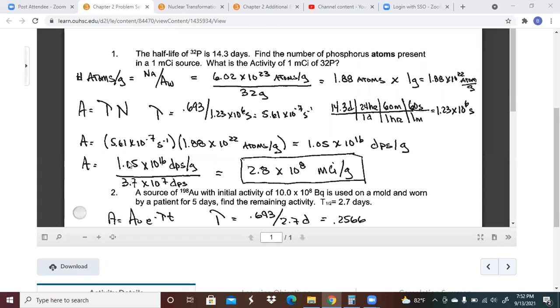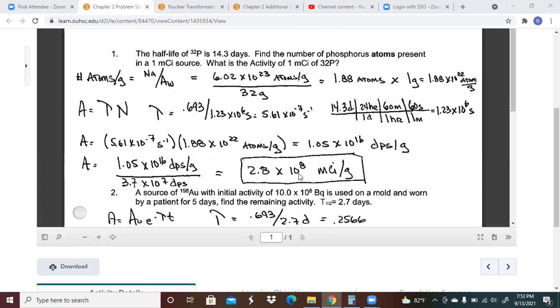So if we have the number of decays per second per gram, which is more of a becquerel unit, we take that and we figure out how many millicuries we have by dividing by the number of becquerels.